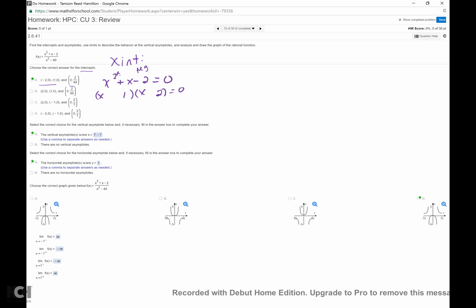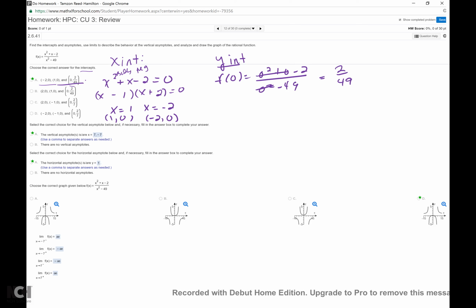Since C is negative, only the bully gets the middle, which gives me x equals 1 and x equals -2. So (1, 0), (-2, 0). To get my y-intercept, I find f of 0, which would be 0 squared plus 0 minus 2 over 0 squared minus 49. And that would be positive 2 over 49. So that ordered pair would be (0, 2/49).